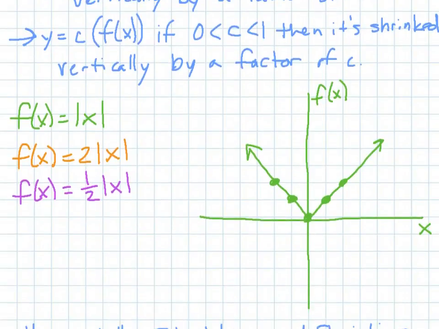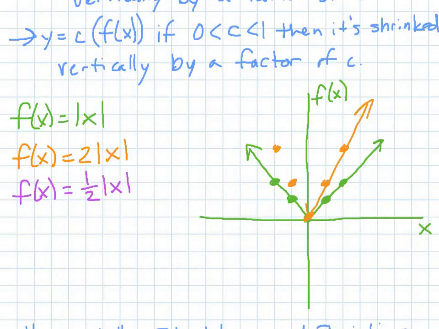Okay? So here I have the absolute value of x, and I already have that graphed. So if I multiply that by 2, then every value of this x value is stretched by a factor of 2. So 0 is still 0, but 1 becomes 2, and negative 1 or positive 1 on the other side becomes 2 as well, and then we get 4. So we're stretching it up.